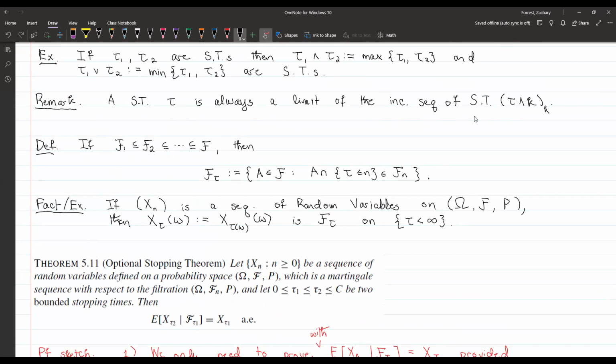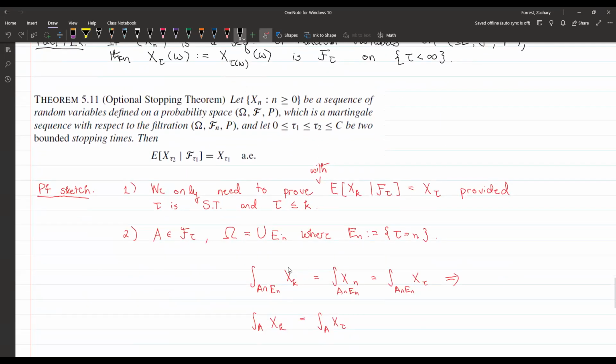Since I know that my stopping time can be represented as an increasing sequence of stopping times, tau wedge k, I can replace tau 1 and tau 2 by the full stopping time and one of the tau wedge k stopping times that I produce along the way. The optional sampling theorem says my conditional expectation carries through, and as a consequence, so does my expected value.